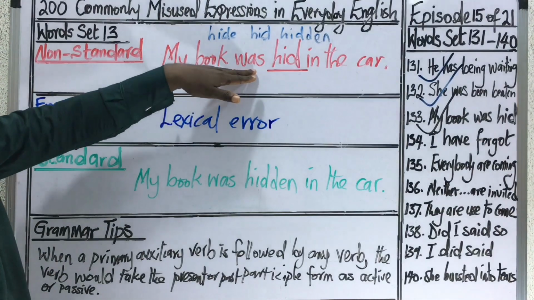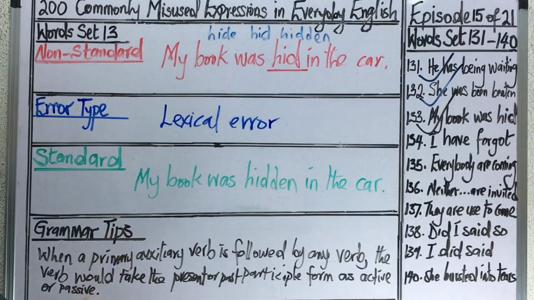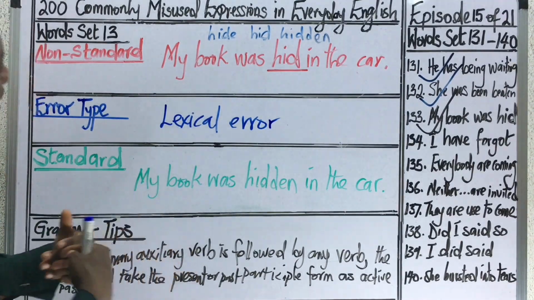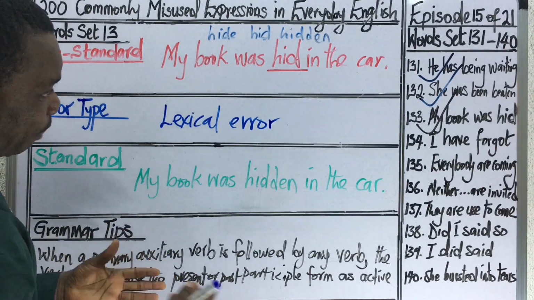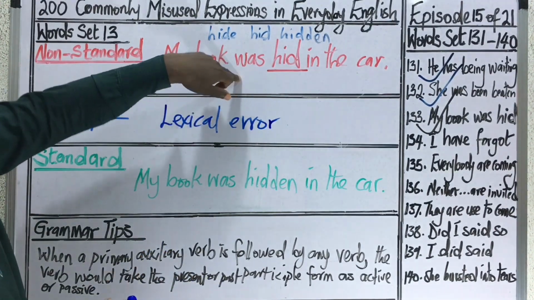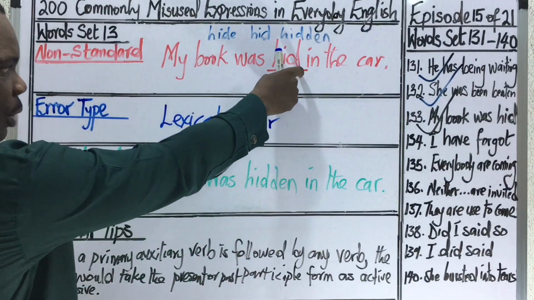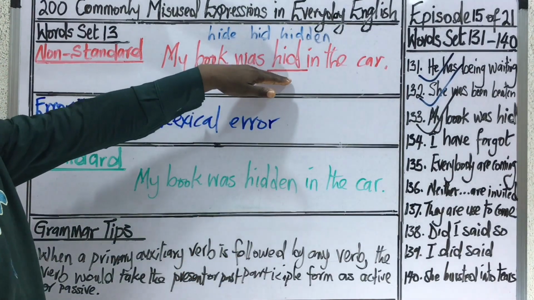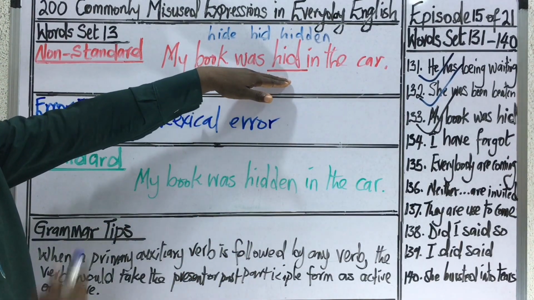But in this case, it can also take the form of a present participle, depending on what you are trying to say. When it takes the form of present participle, you are going to have something like, "my book was hiding." That is where this one will take the gerund or the present participle form, "hiding."